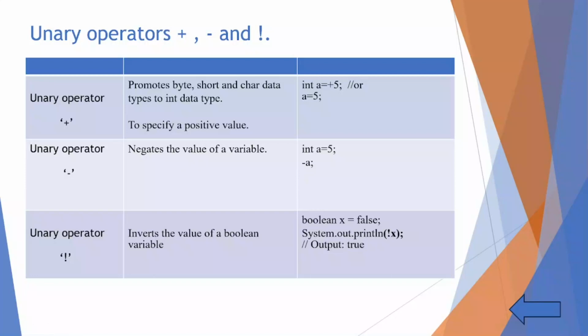So if a equals 5, minus a stores minus 5 in a. If minus 5 is already there, minus a makes it minus into minus is plus, so it stores 5. And the unary not operator works on Boolean variables: if x is false, not x will be true, only two alternatives. If x is true, not x makes it false.